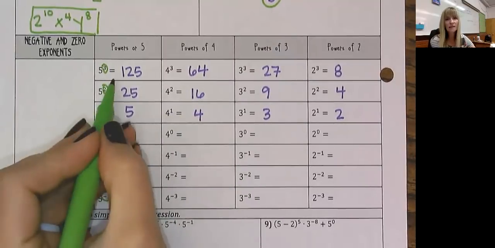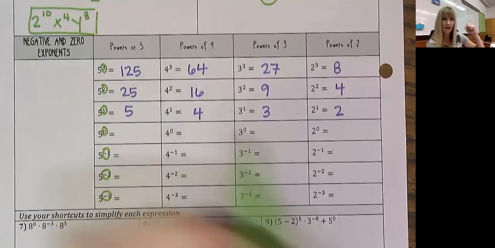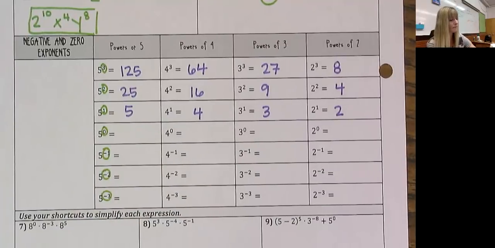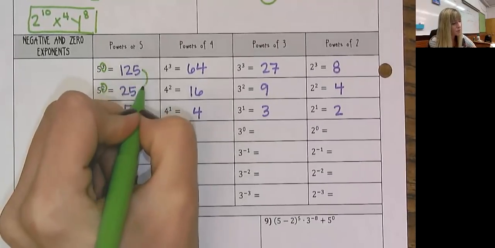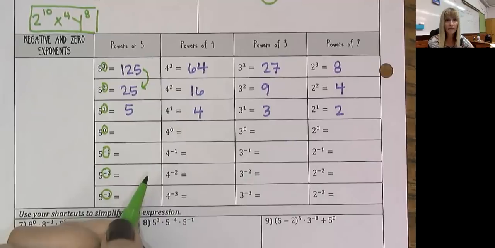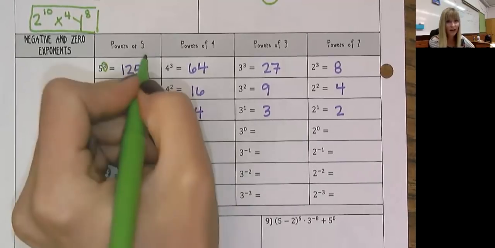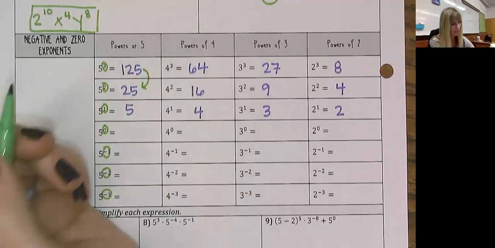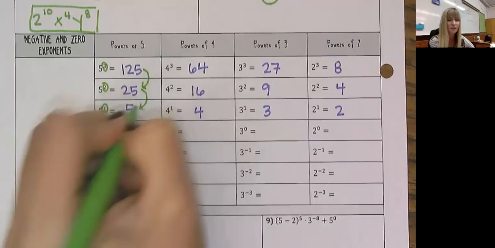Let's see what happens to the evaluated answer as that exponent moves down, okay? From here to here, mathematically, as you move down one exponent in the power of 5, I'm actually dividing, right? From here to here, I am dividing by 5. That's what's happening. And then that pattern continues here.